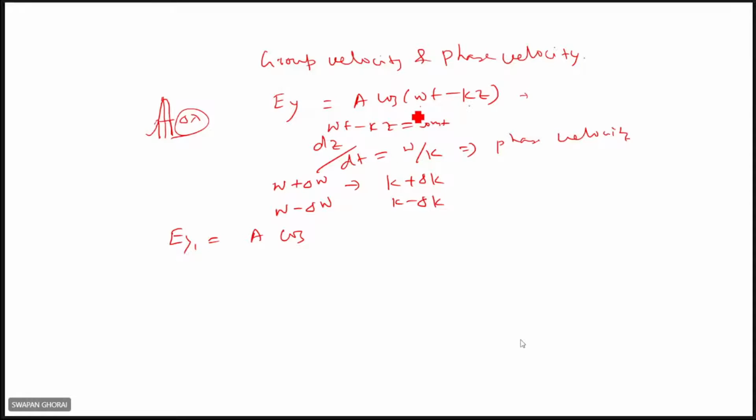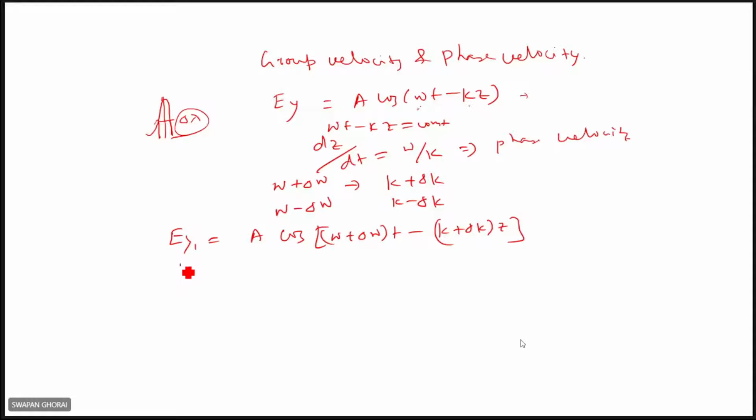Coherence means it will be highly monochromatic, sinusoidal from minus infinity to plus infinity. That is a coherent wave, a single frequency, sinusoidal from minus infinity to plus infinity, right? But that is not the practical case. In practice, you get truncated waves. So you consider these two waves: a cosine((omega plus delta omega)t minus (k plus delta k)z).